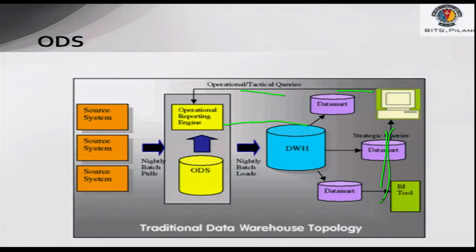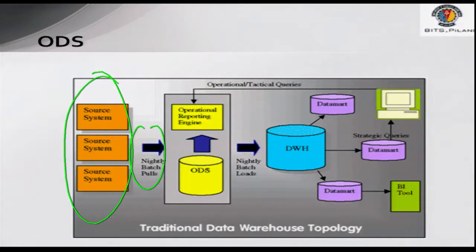And this is another way of visualizing this. You can see the source systems on the left and nightly batch pulls into an ODS, and then there's an operational reporting engine. Some kinds of queries can be answered directly through this, and from here I again do a batch process to load the data warehouse.